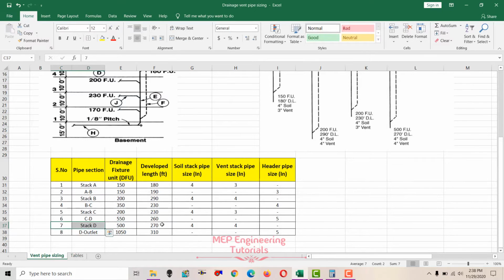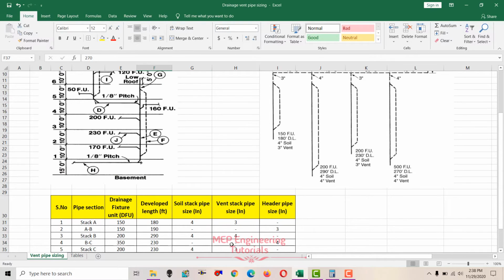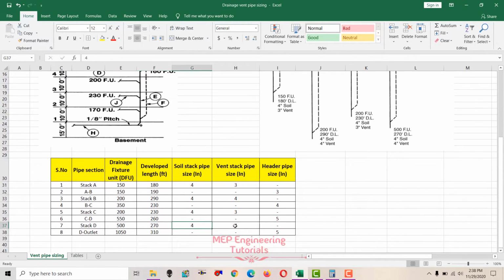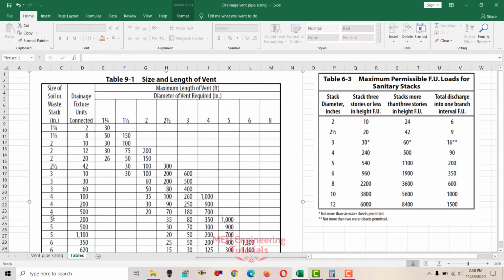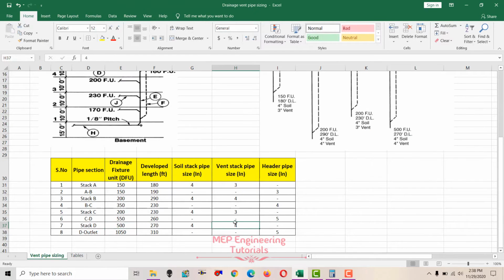And then we know that developed length is 270. So 4 inches, 500 fixture units, and 270 developed length is in between 180 and 700. We'll go for the higher value 700 and check the vent stack pipe size is 4 inches. That is 4 inches, you can see here.